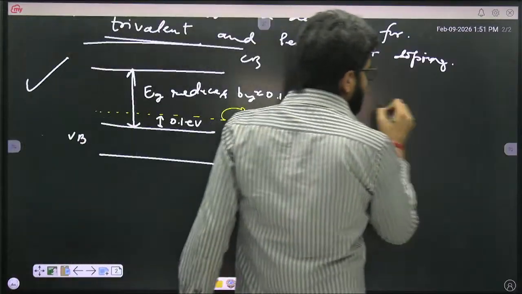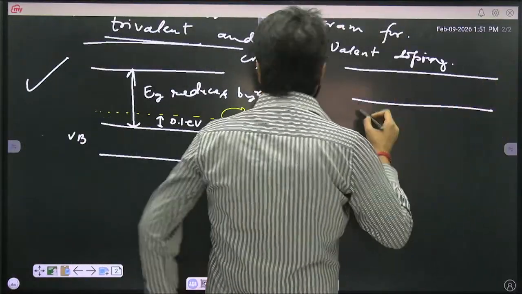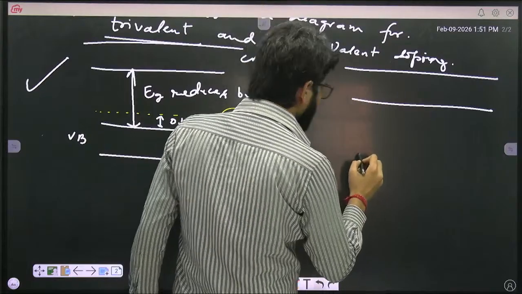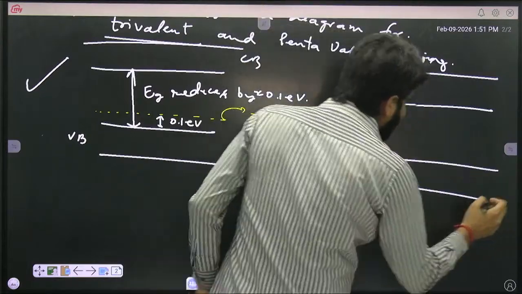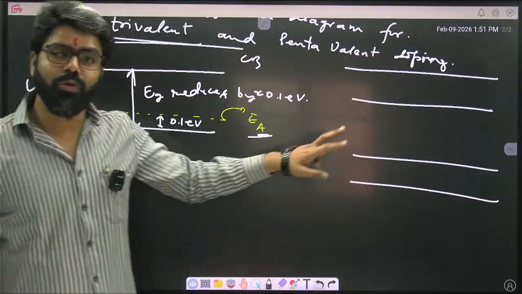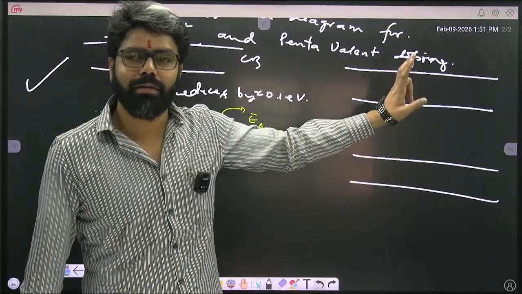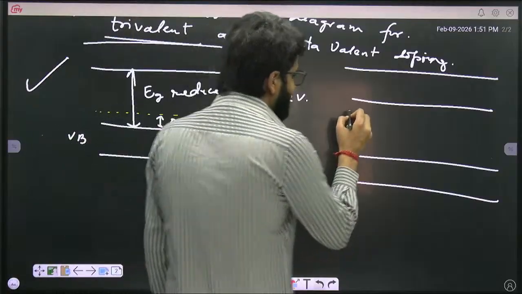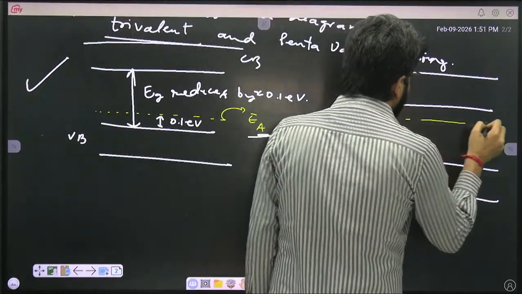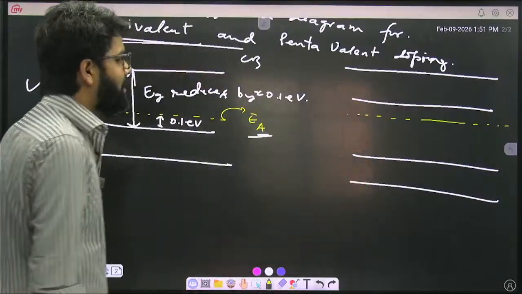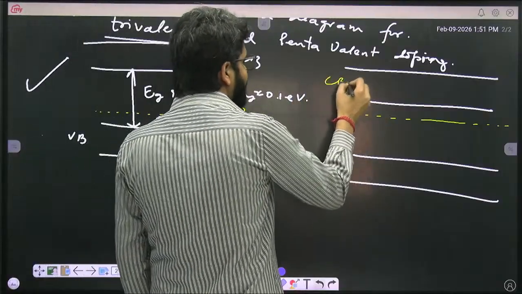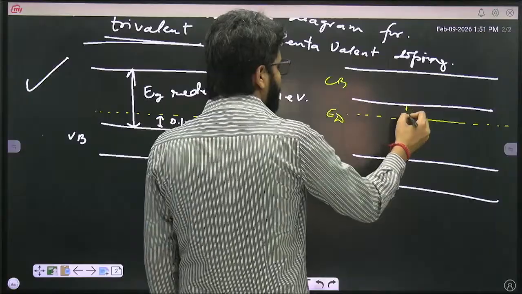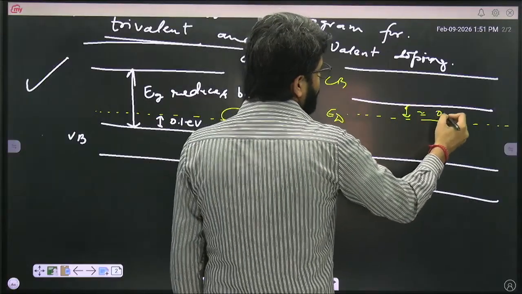For pentavalent, see, one electron was extra, so that electron moves into the conduction band. A donor energy level is set at this level, below the conduction band, and this is called ED. It also reduces the gap by approximately 0.1 electron volt.